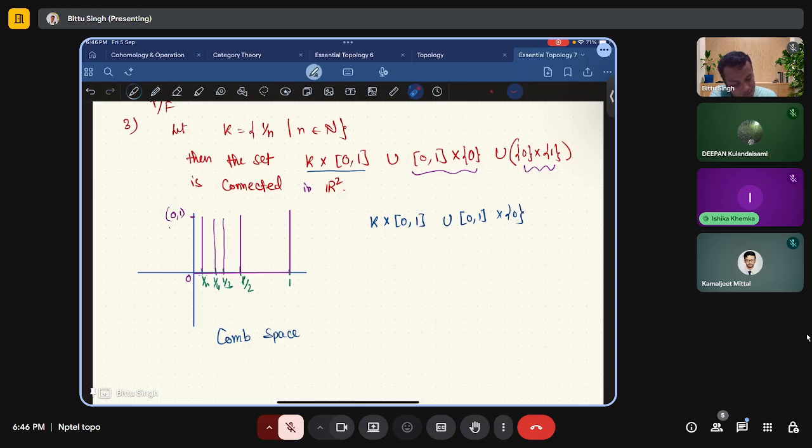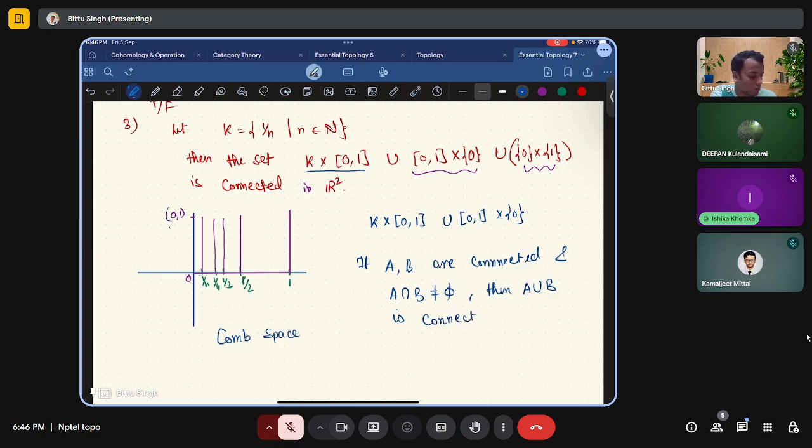Why? Because we know that if A and B are two connected sets, and A intersection B is non-empty, there exists some point which belongs to both A and B, then A union B is always connected.